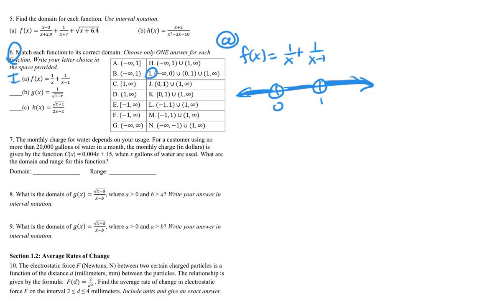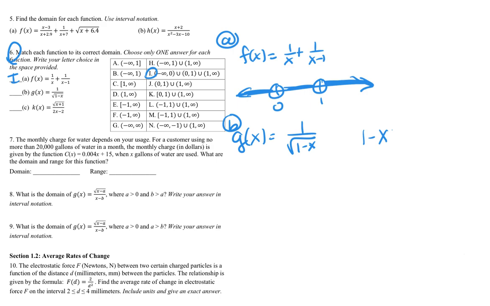On B, we have g of x equals 1 over the square root of 1 minus x. And so what I have there is, because it's under a square root, I know that 1 minus x needs to be greater than or equal to 0, but I also have to throw out the time when 1 minus x is equal to 0, because then that would give me a 0 in the denominator. So I need that to be strictly greater than 0. So if I solve that, I can add the x over.